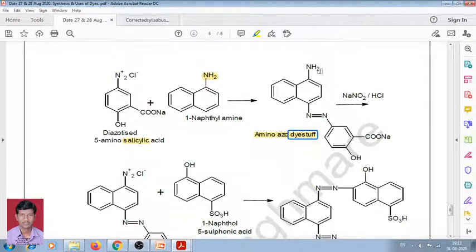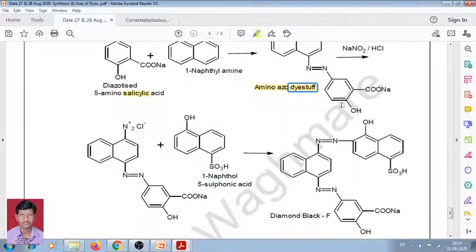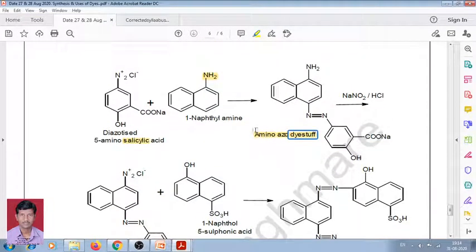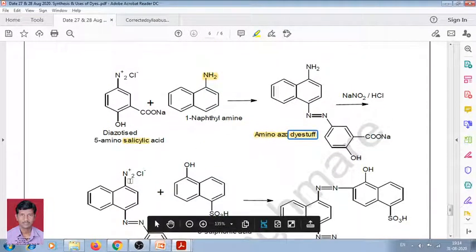Therefore, we can carry out a further diazotization reaction using sodium nitrite and HCl. These reagents are used for the diazotization, and this NH2 is converted into N2Cl.